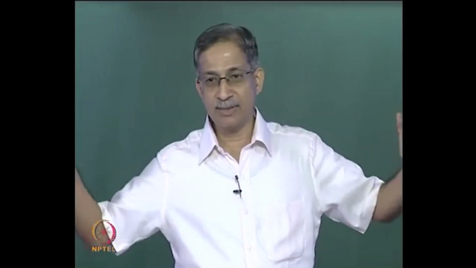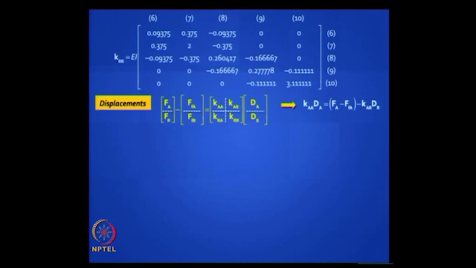So you have KRR also. What do you do next? You have got the structure stiffness matrix, you can handle any load on this structure, any load. This load is a special case. So what should you do next? You should write down the equilibrium equations and pull out the first equation.